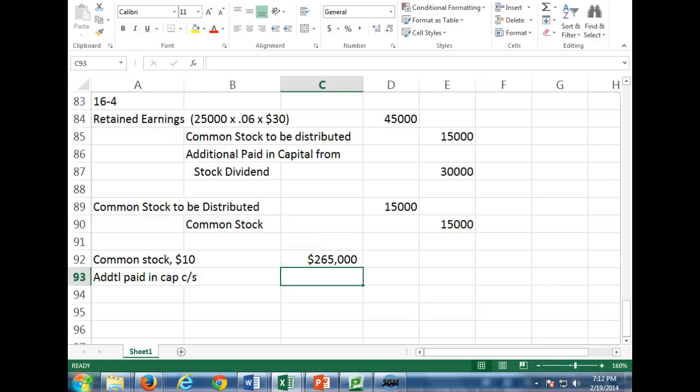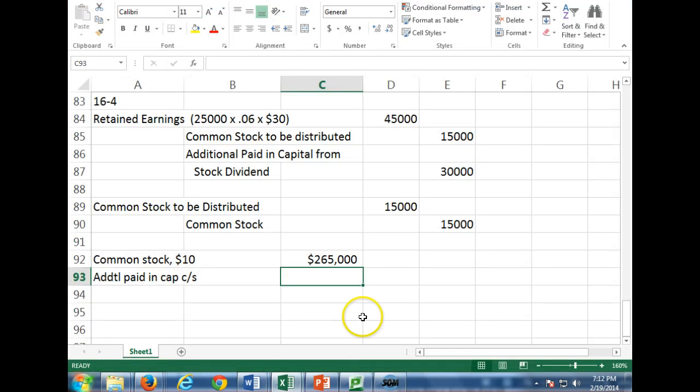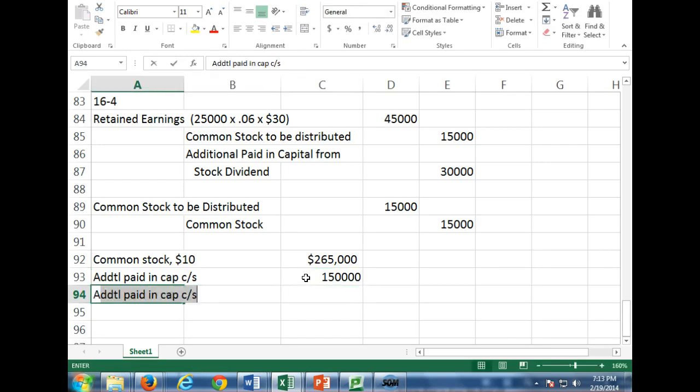Then we've got additional paid-in capital on common stock of how much? It was 150. See there how it was 150? And then we increased it, additional paid-in capital from stock dividend. Okay, so additional paid-in capital common stock here was the 150, plus we added the additional paid-in capital from stock dividend.